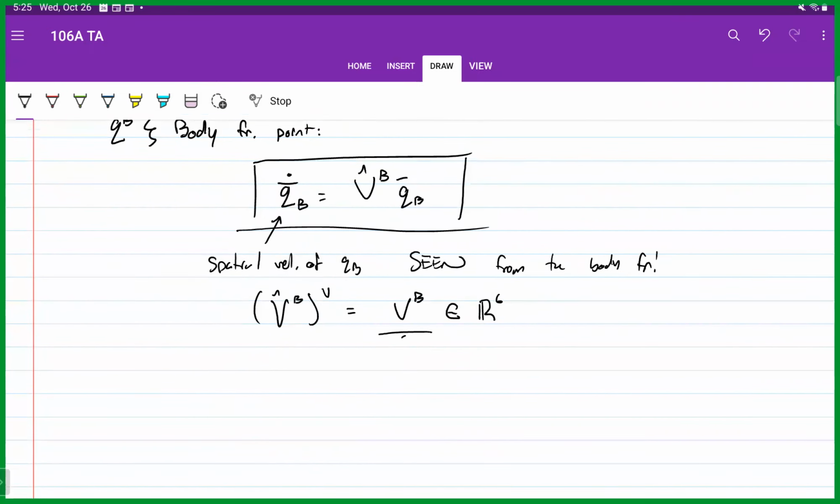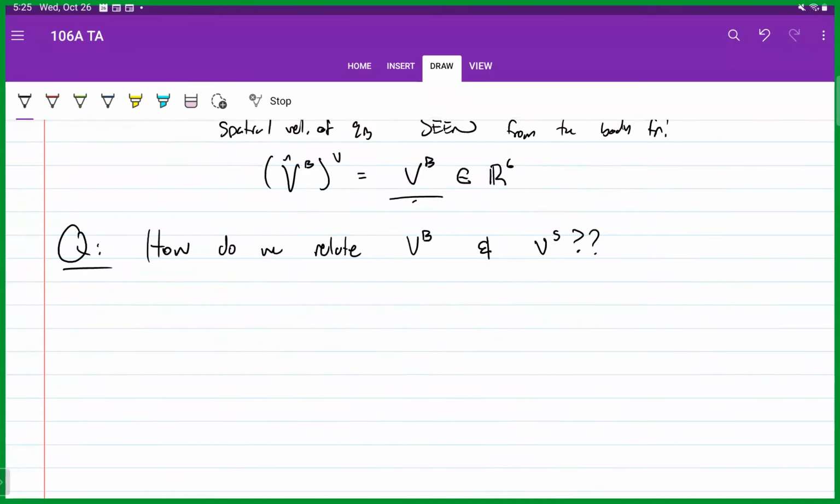All right, cool. So one question that we got into all the way at the end of last time was what the relationship is between these vectors. How do we relate VB and the spatial velocity? What's the relationship between those vectors? What's the relationship between their hat maps? How do we describe that sort of thing?